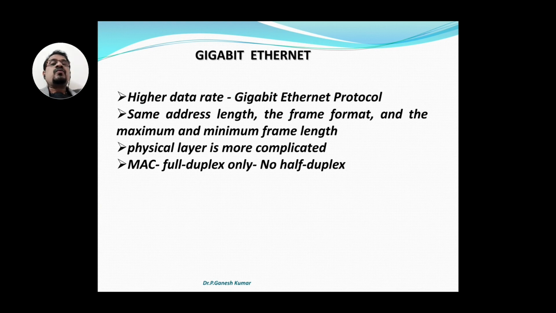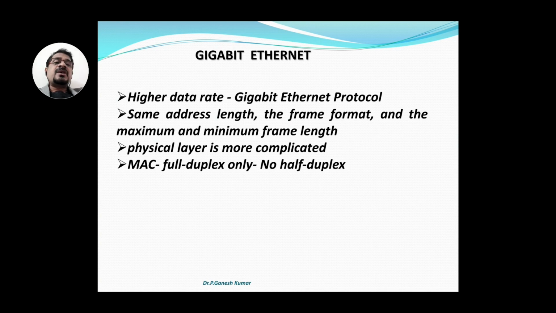So MAC will support only full duplex. There is no half duplex communication in Gigabit Ethernet. In standard and fast Ethernet there is a possibility for half duplex also. Even in fast Ethernet, only 100 Base-T4 allows full duplex communication on all the cables.